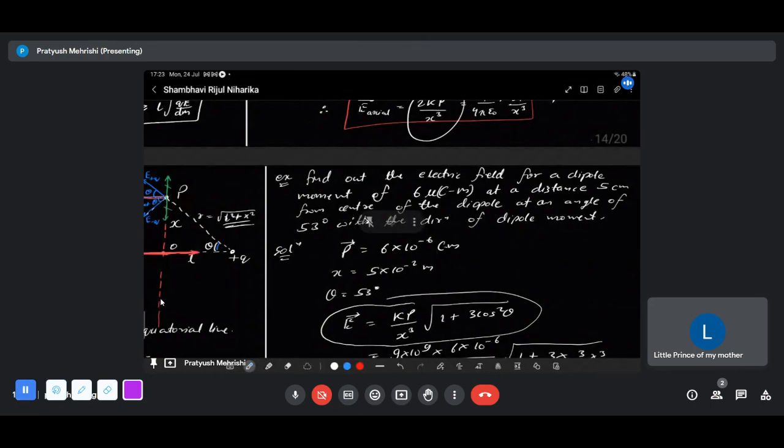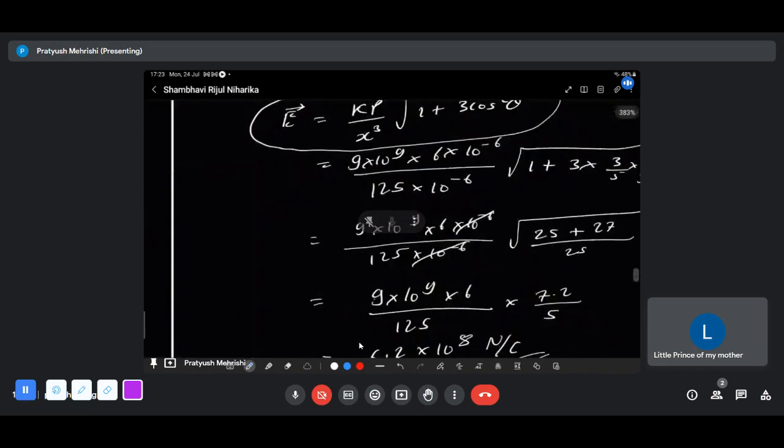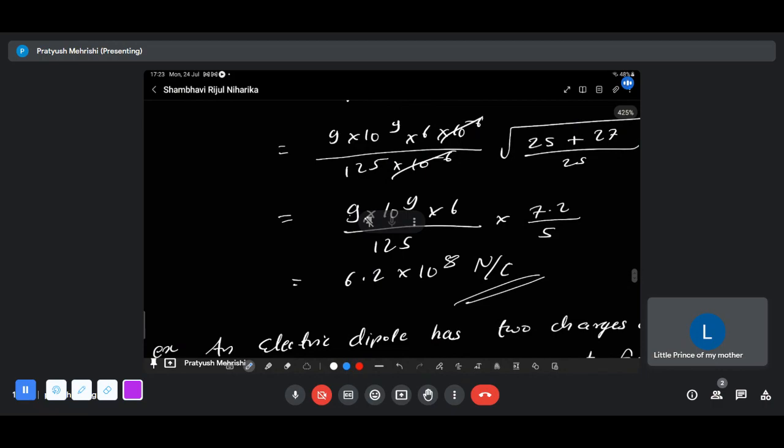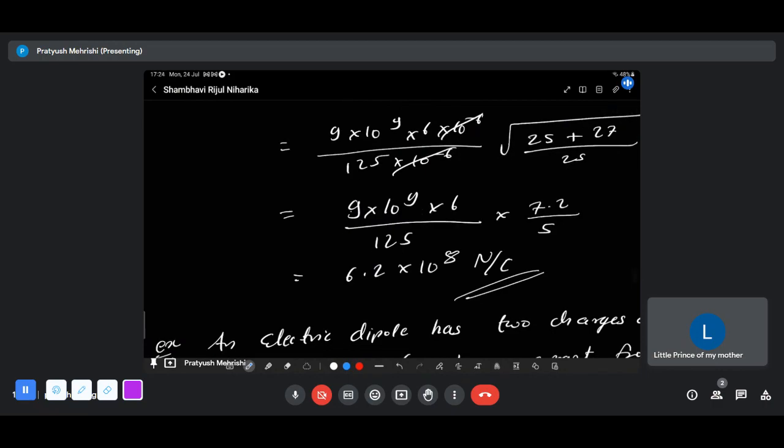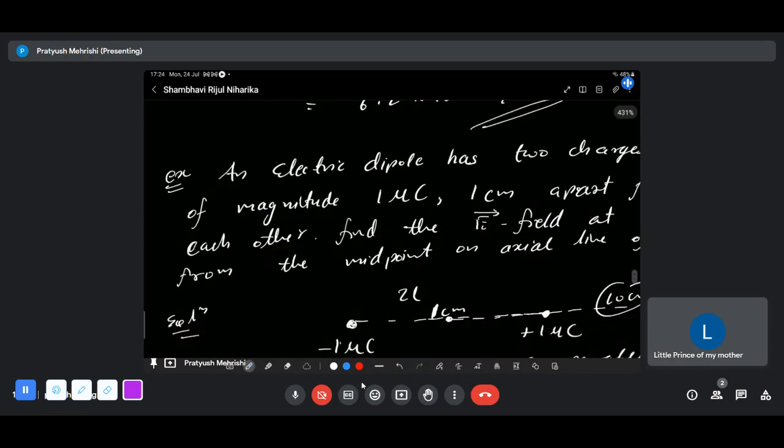Which formula are you going to put the values in? The general formula: Kp upon x cube into the square root of 1 plus 3 cos square theta. When you solve it, the answer will come out as 6.2 into 10 to the power 8. You have to calculate it precisely.